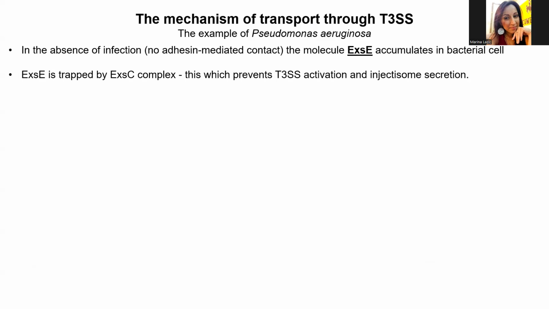XC holds XE, so it's a very bad relationship, but it's easy to memorize. Because XE and XC are stuck together, there are no adhesins, there is no injectisome secretion, nothing can happen. No career progress for XE.